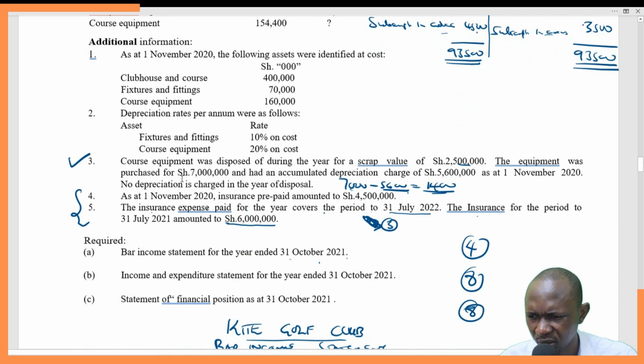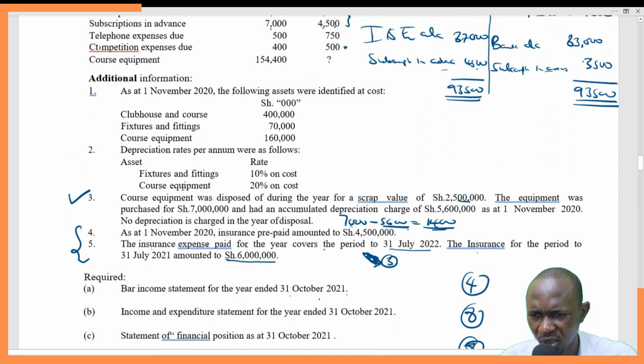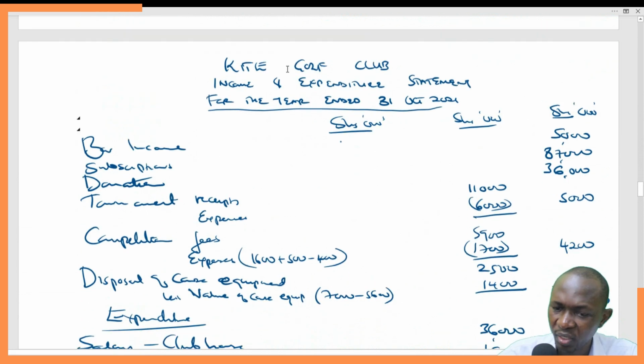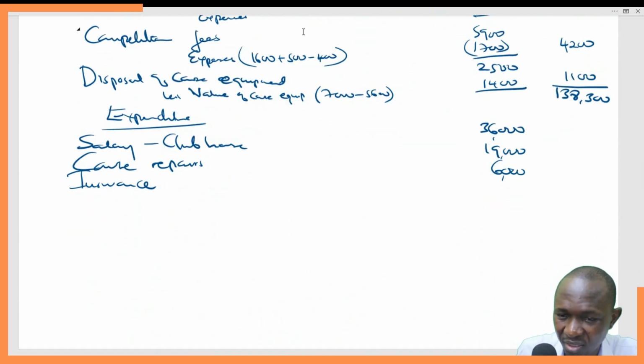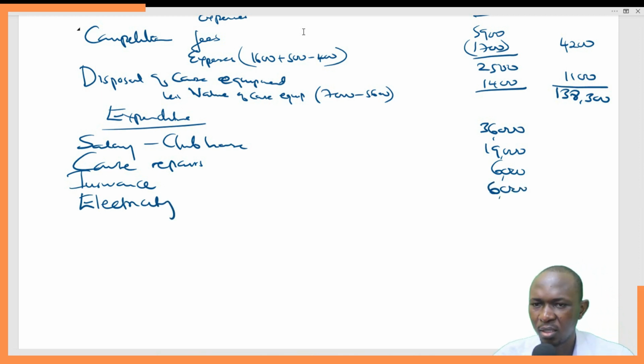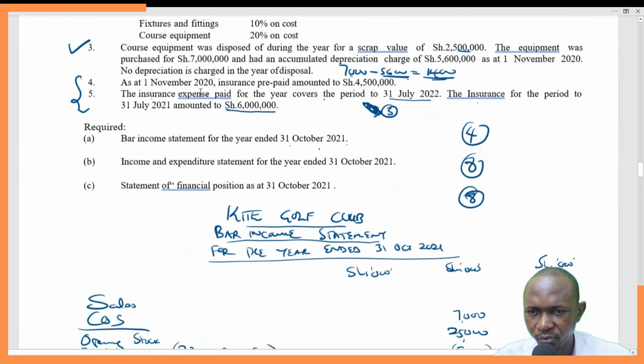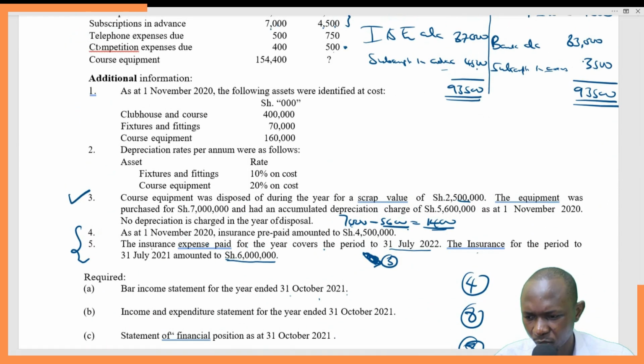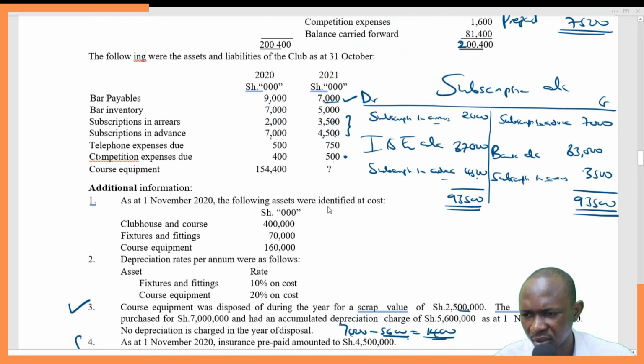So it looks like there's nothing on electricity, so I'll pick it as it is. Electricity 6,000.